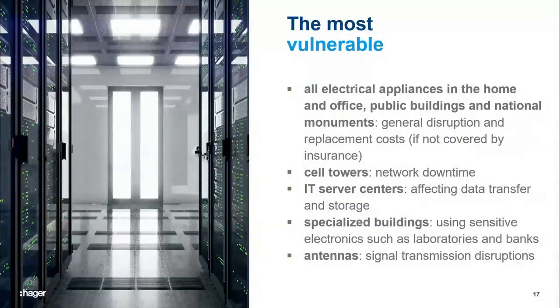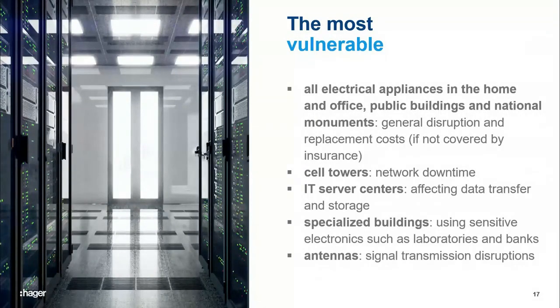So what is all getting affected with these surges, and what will face severe damages? Well, all the electrical appliances in your home, in your office, or public buildings, the cell towers, the IT servers, the specialized buildings using sensitive electronics or labs, and the antennas.